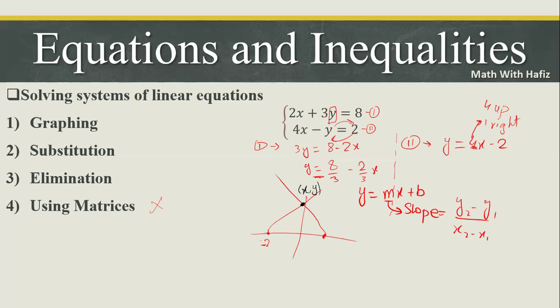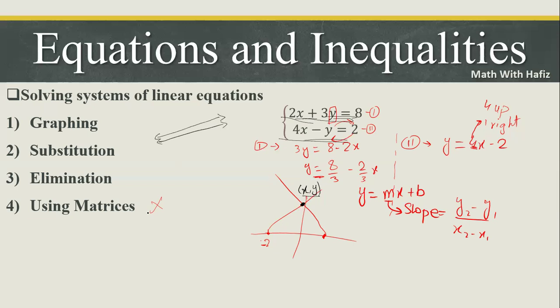What is meant by solution? Solution means these two equations will be satisfied at those points. If you plug these x and y values into these equations, the equations will be satisfied. There are some cases in which you have infinitely many solutions, no solution, or one solution. If you have a line and a parallel line, they are not going to cross each other, so you have no solution.